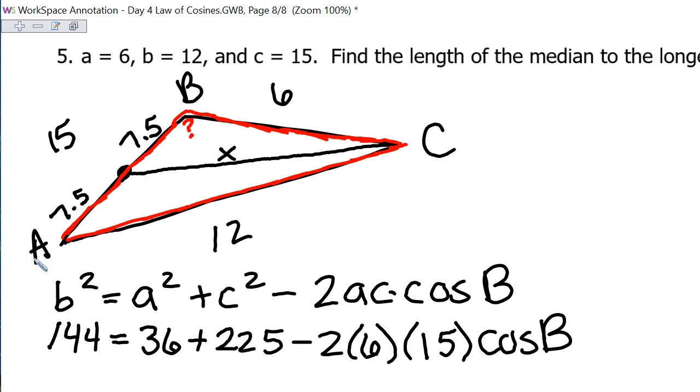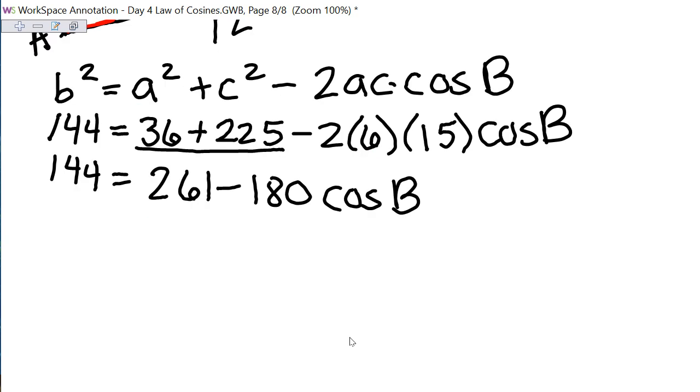Do some cleanup. What's 36 plus 225? 261. Multiply these 3 with negative 12 times 15. Negative 180. Cosine of angle B. Solving for cosine of B, what do we do next?